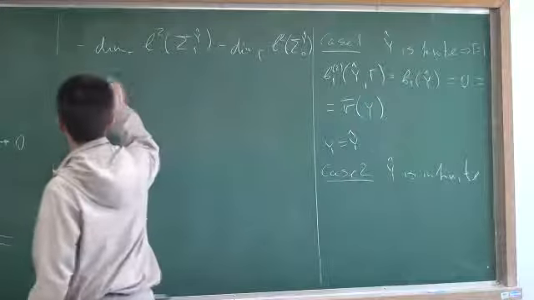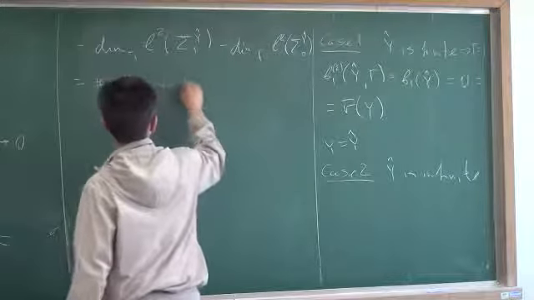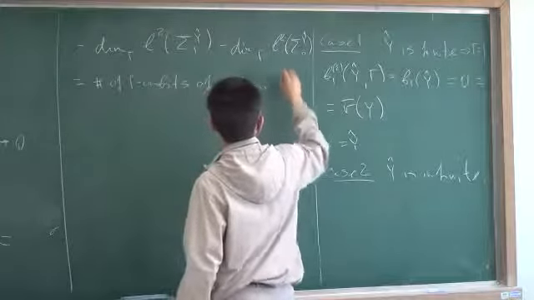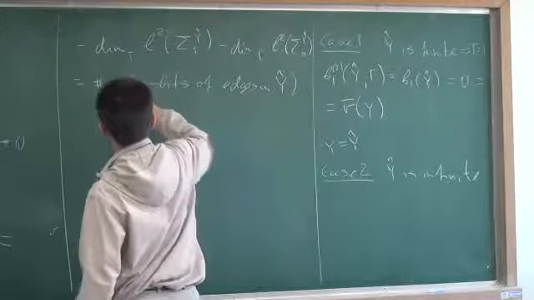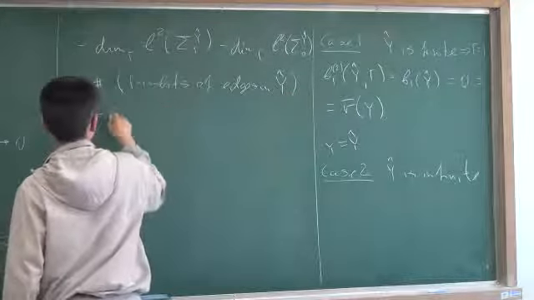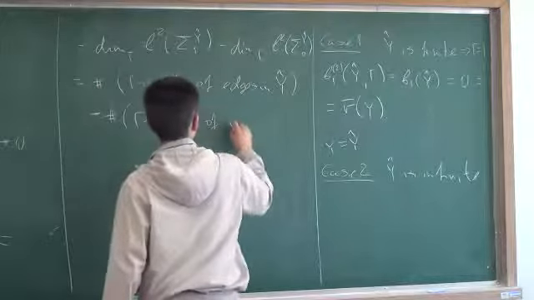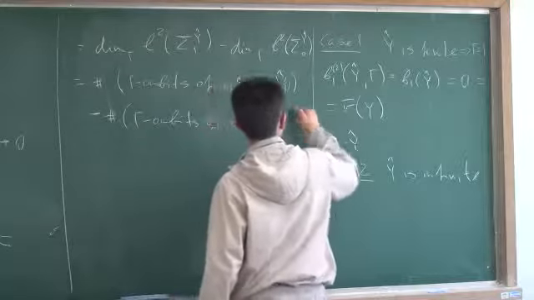So it's the number of gamma orbits of edges in y hat. Maybe I should write it like this: minus the number of gamma orbits of vertices in y hat.